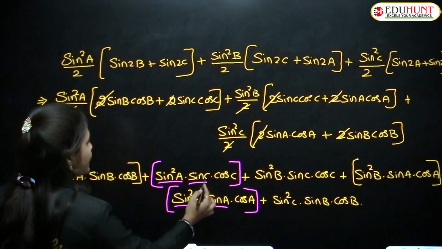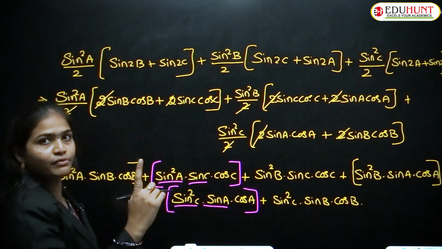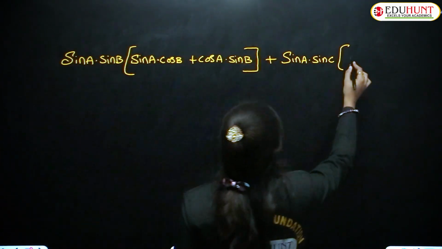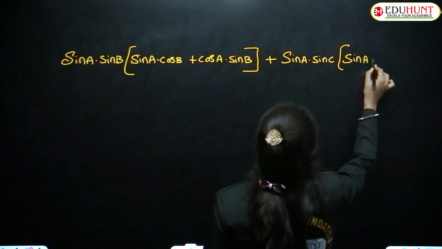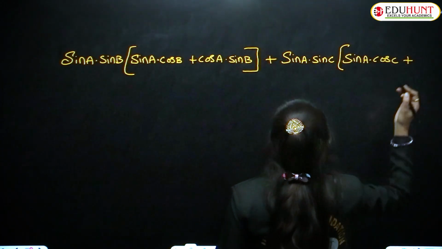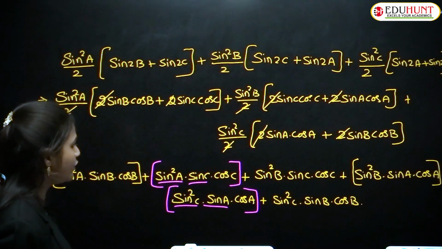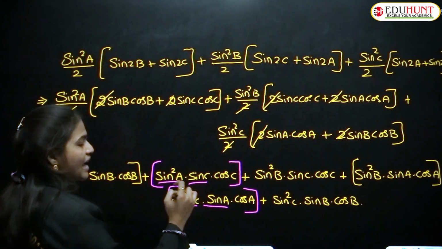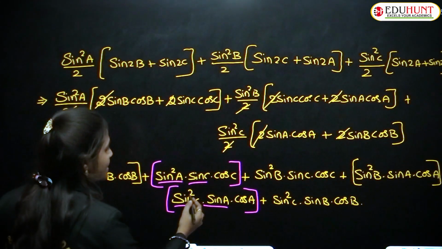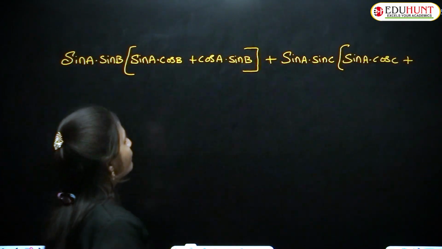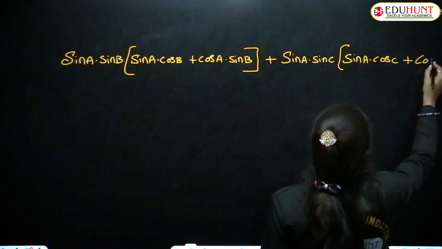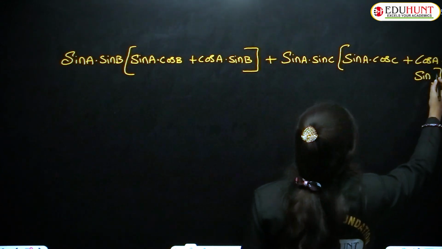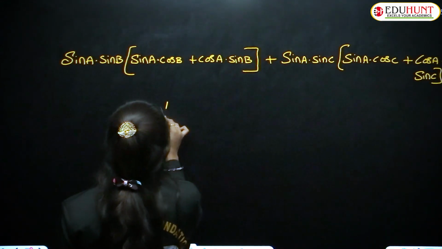So sin A, sin C we taken as common. Still we are having here one term, that is sin A cos C. Sin A into cos C plus, all terms are positive only, no, so directly we can keep that plus. So sin C we taken as common. Still we are having here one term, that is sin C cos A. So we can write that one as cos A sin C. Clear?